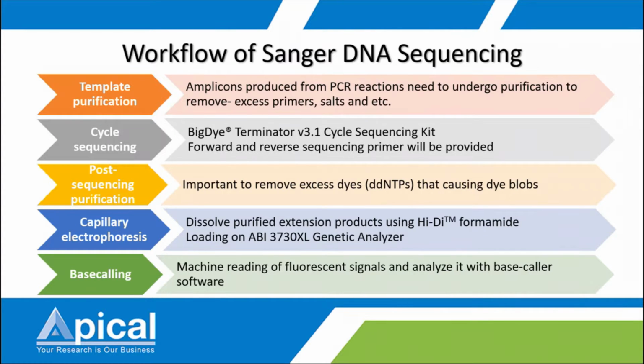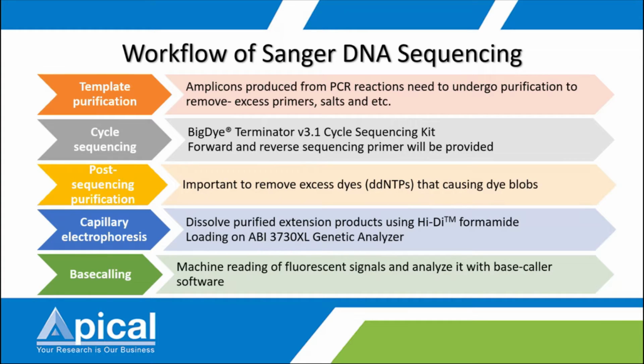So we need to perform a post-sequencing purification. Then, after we obtain clean DNA, we dissolve all the extended fragments from the sequencing cycle in Hi-Di formamide and load them into the genetic analyzer.